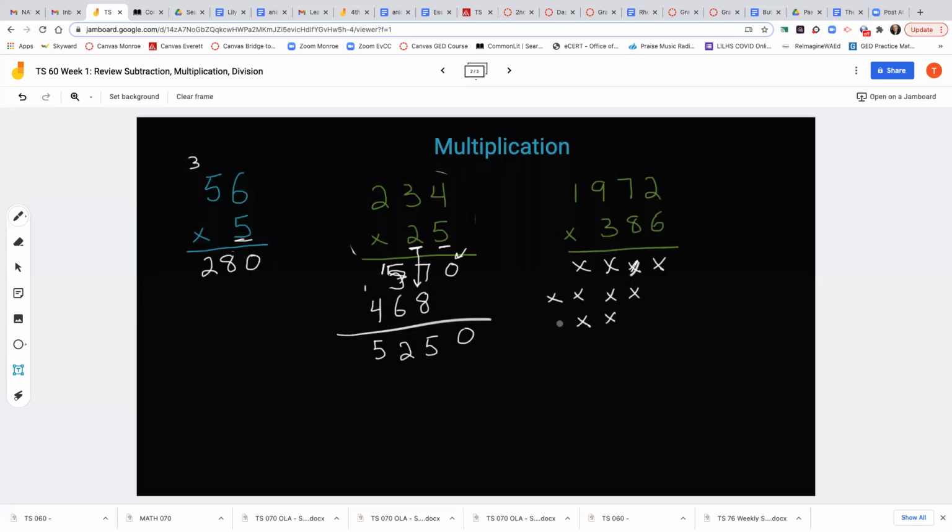Again, you'll notice I'm skipping a row each time. And also, if I choose another color here, you'll notice that this is right underneath this. I'm now multiplying this row times everything on top, and I start underneath there, right there. Then I go to this row here, this number, and multiply it by everything on top, and I put the answer starting right there. Okay? That's enough to get you going on that.